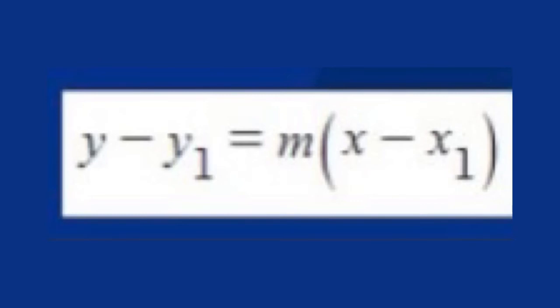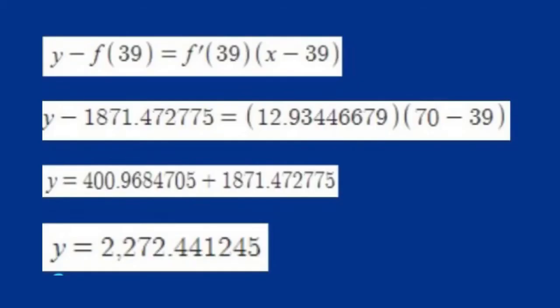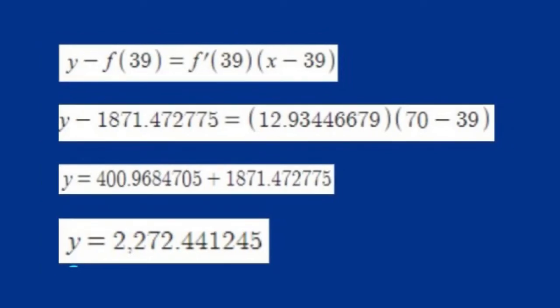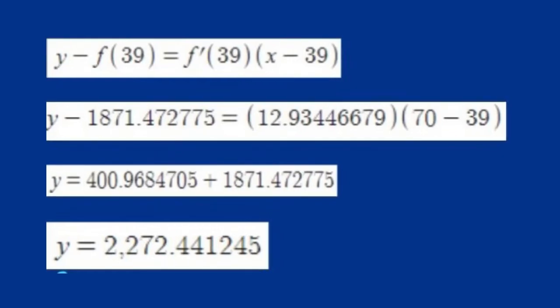So the next thing we have to do is to solve for y. So we have that y minus y1 is equal to m multiplied by x minus x1. So y minus f of 39 is equal to f prime of 39 multiplied by x minus 39. Then we have y minus 1871.472775 equals 12.93446679 multiplied by 70 minus 39, that are the years.